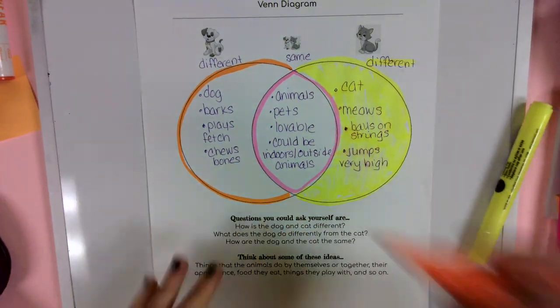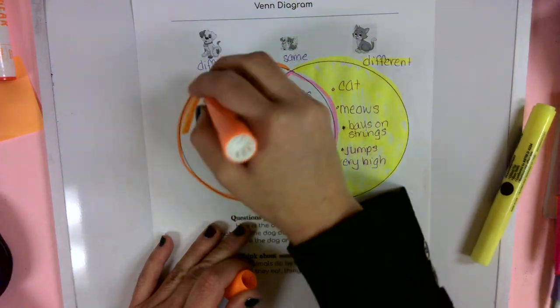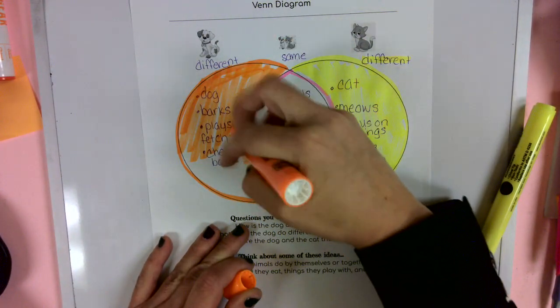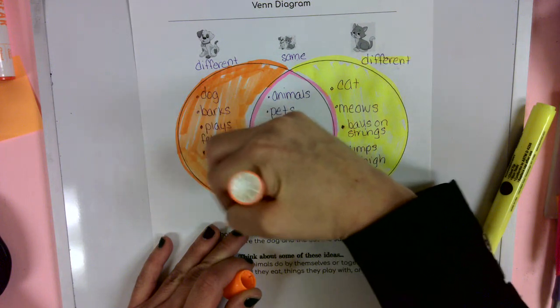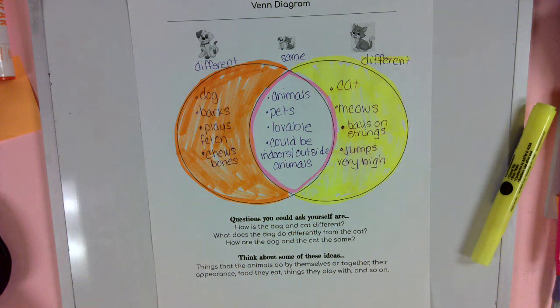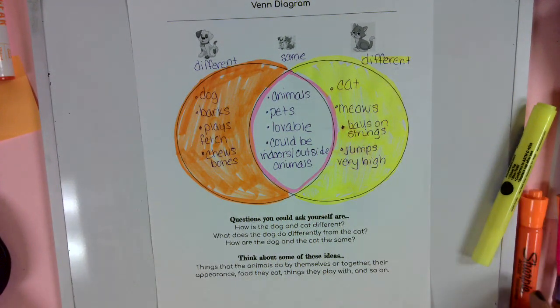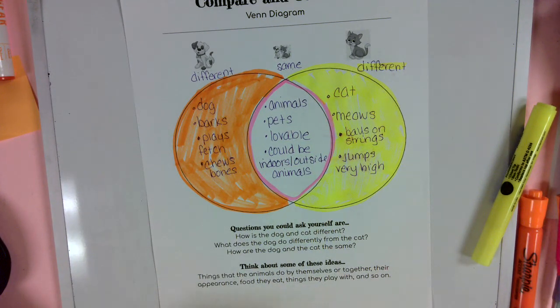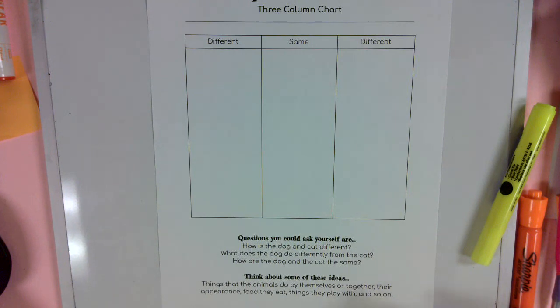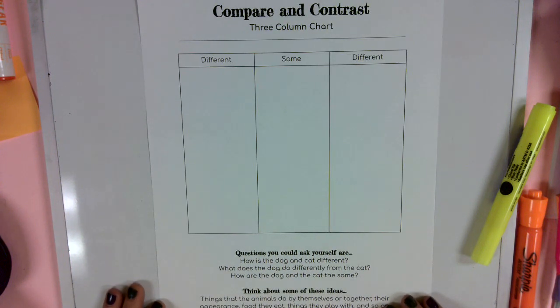Those are just some ideas. Also, you could make them in a 3-column chart.